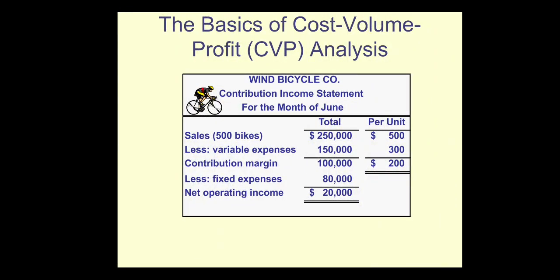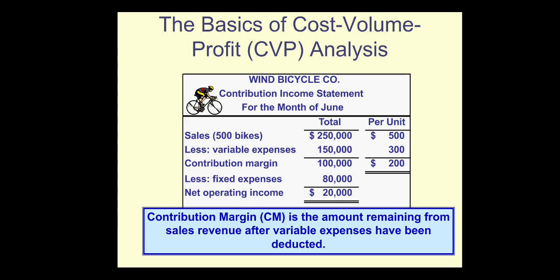Okay, so like I said earlier, this is the first thing that you have learned last week. You have learned about a new format for income statement. When you learn about financial accounting, you have learned about how to prepare an income statement. That is one format. This is another format. This format is called contribution income statement.